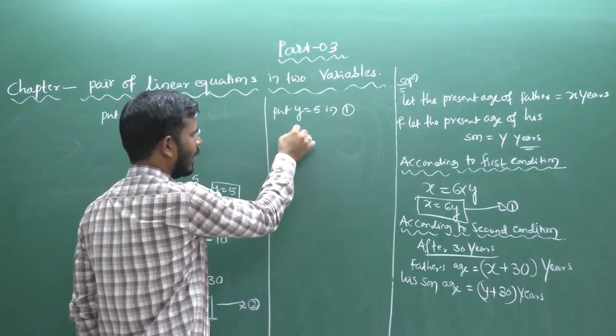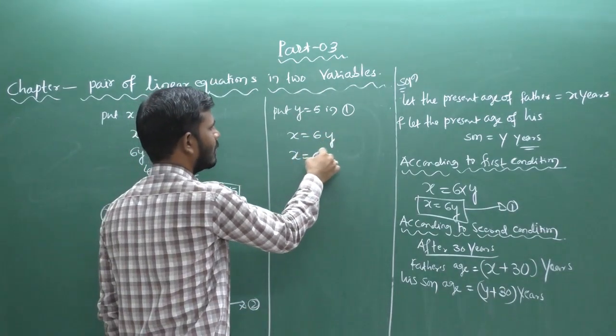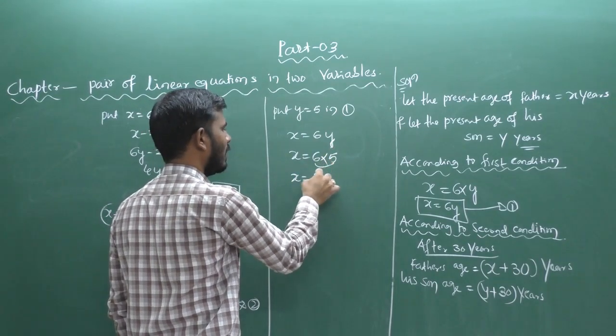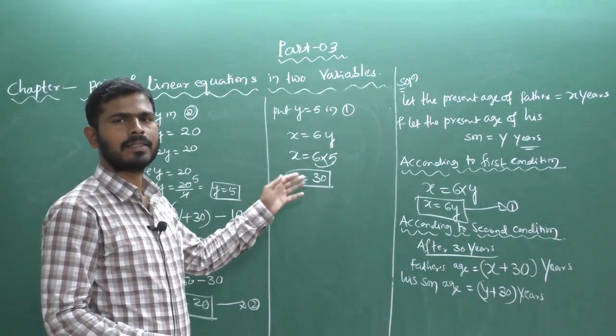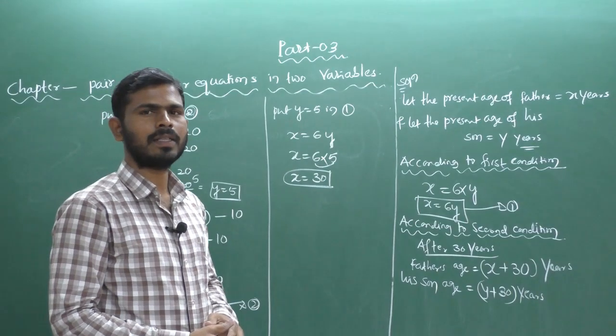Equation number 1: x equal to 6y. So x equal to 6 into the y value, which is 5. x equal to 6 fives are 30. So x equal to 30. 30 is the present age of father.